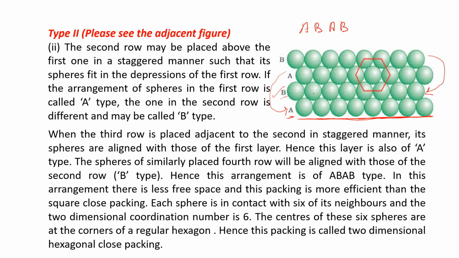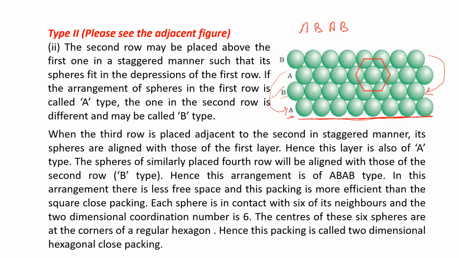If I want to put a fifth layer, it will again be similar to the first or the third, and the sixth will be similar to the second or the fourth. So the arrangement is AB, AB, AB, AB type.